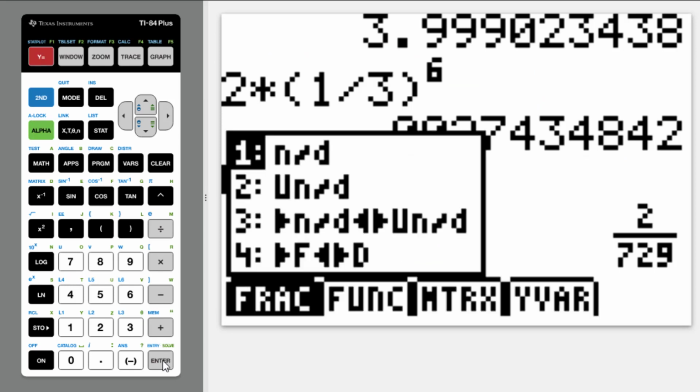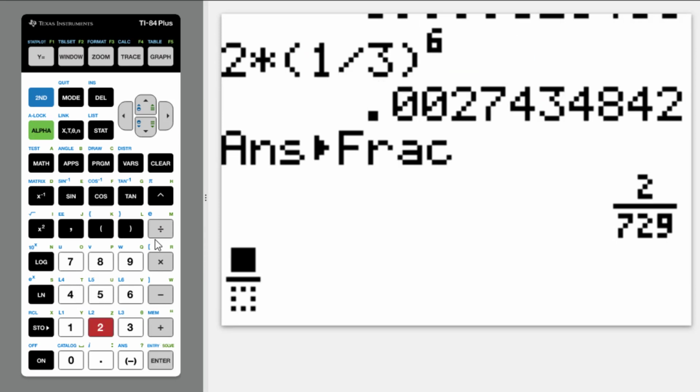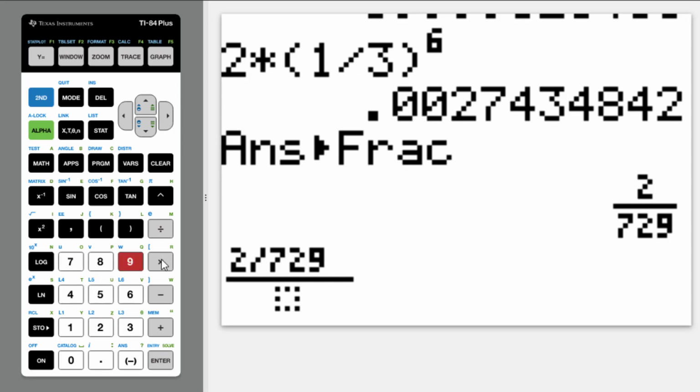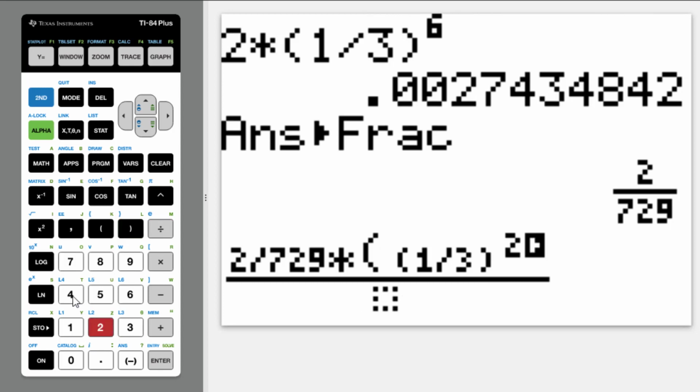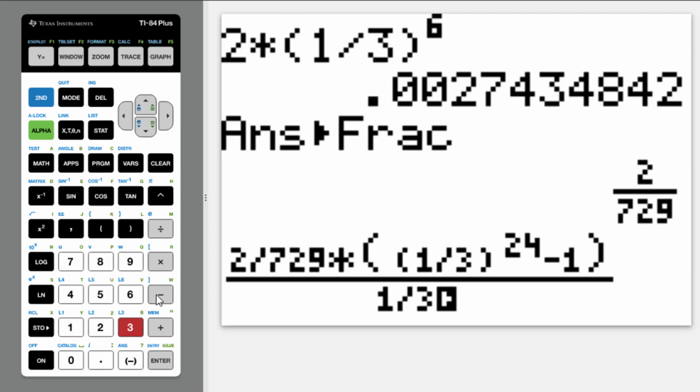Alpha y equals, enter. 2 divided by 729 times parentheses again, 1 divided by 3, power 24, then minus 1, over 1 divided by 3 minus 1.